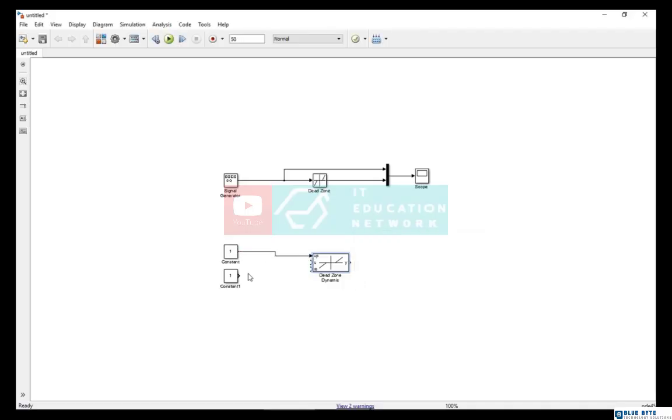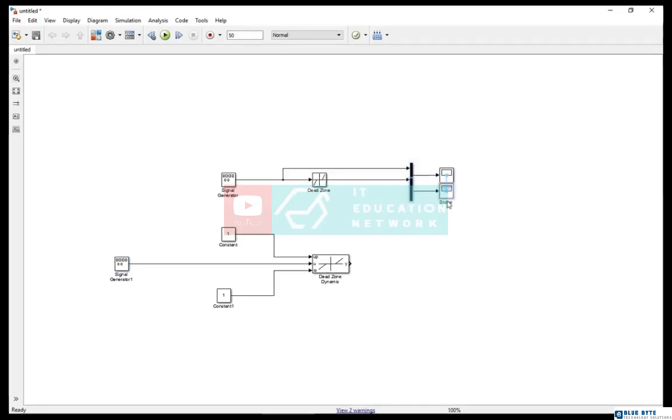I should enter the amount from here. As I said here, the difference of this block with dead zone is that you can enter upper and lower limit dynamically or varies with time.